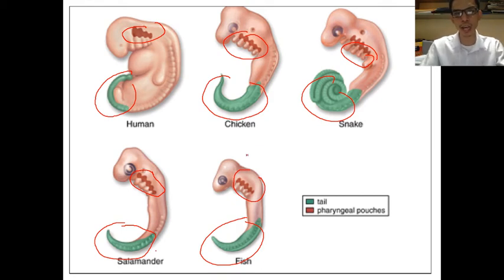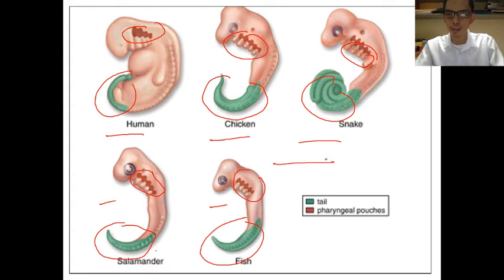Yet once in their lifetime, they are completely similar to each other. So what does it mean? You can pause this video to think of it. It means that these five organisms have one common ancestor.